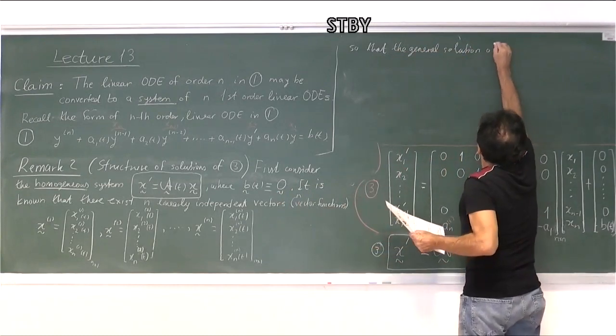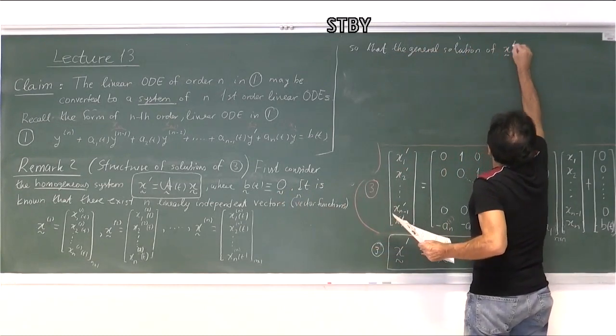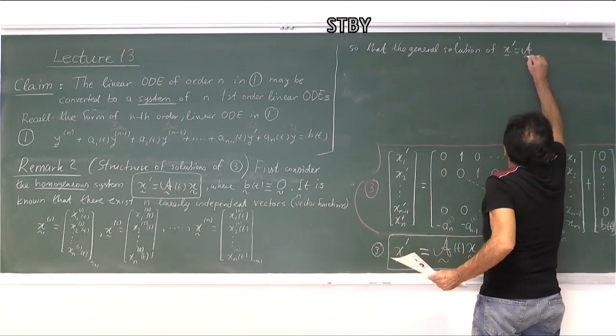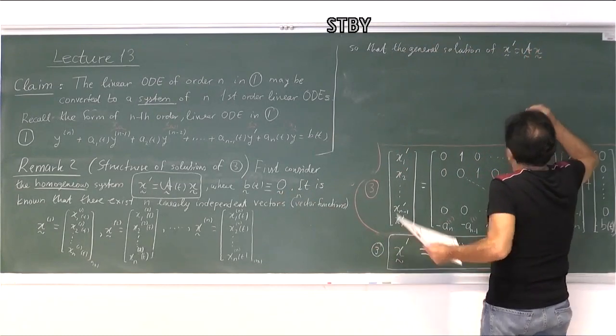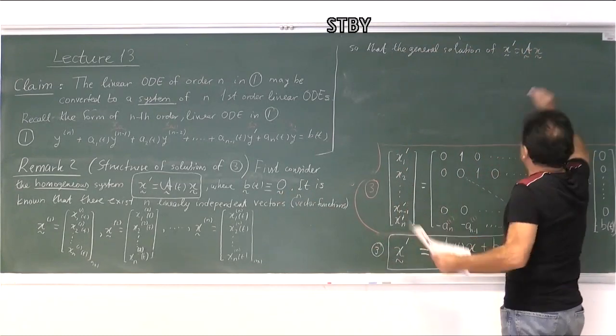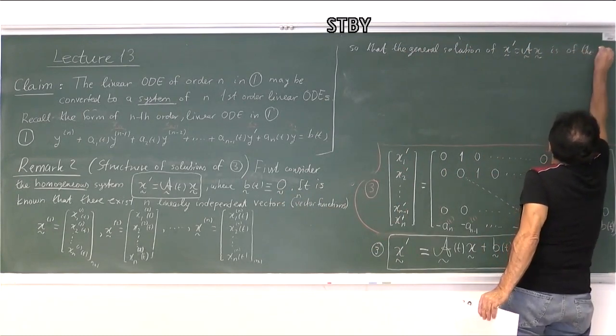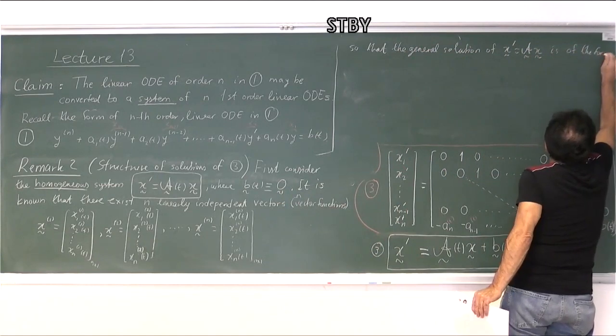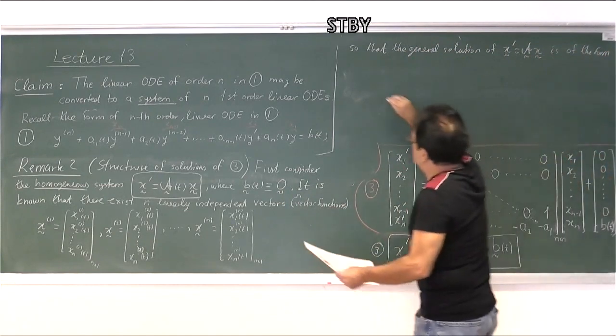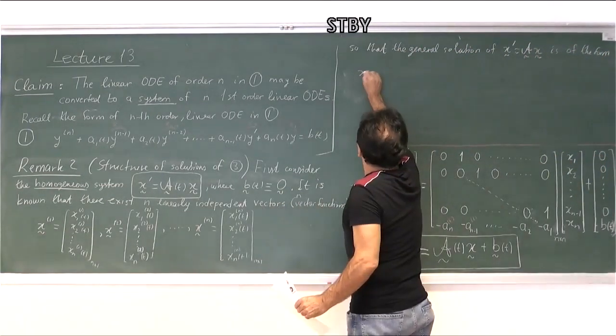So the general solution of the homogeneous system x prime equals Ax is of the form x of t.